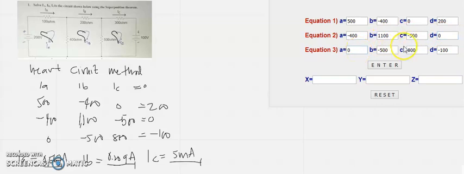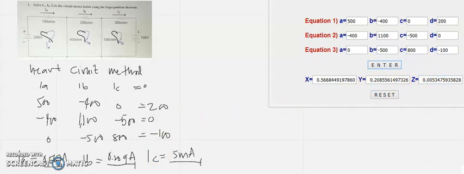Equation 3 is 0, negative 500, 800, and then negative 100. Okay, and then we have the values. For IA is 0.567 ampere, for IB 2.09, then IC is 5 milliampere.